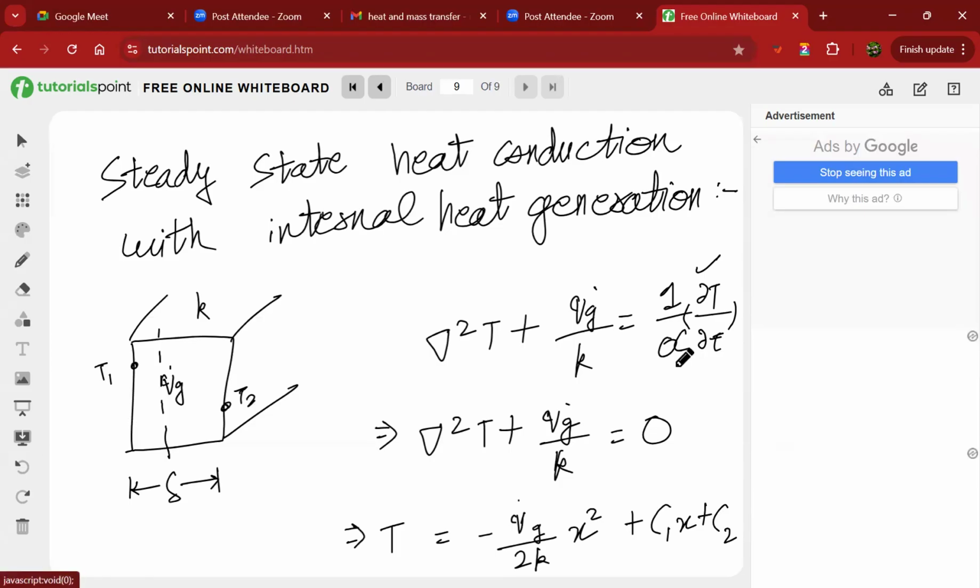Like what is my heat content at a particular distance x from the side of the wall which is having a temperature T1.